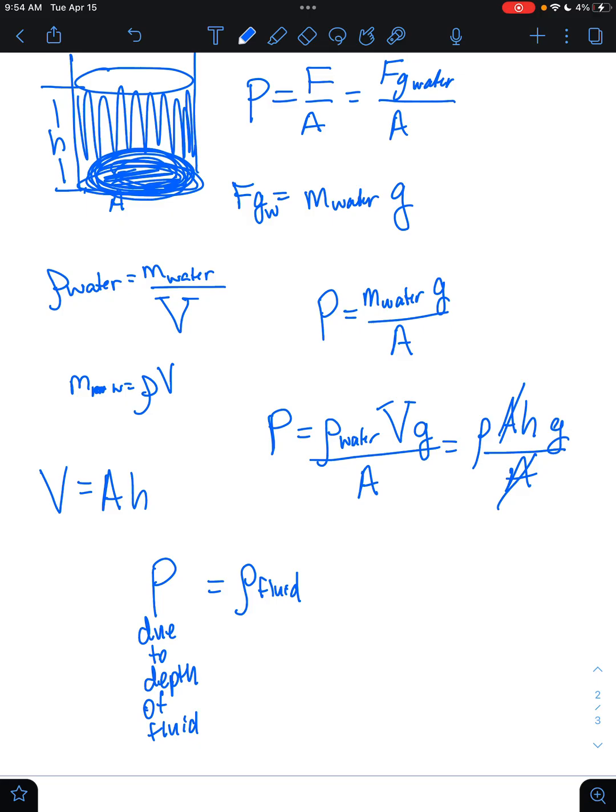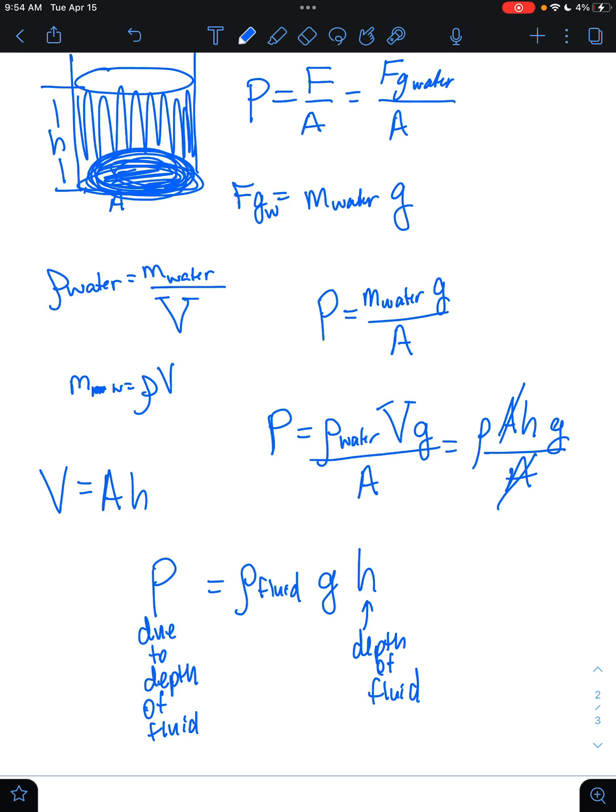So it's the density of the fluid times g times the height. And the height is really the depth of the fluid. So the deeper you go, the more pressure you feel, which is why when you go deep sea diving the pressure gets so high on you and your ears pop. When you change your depth, it changes the pressure that you feel due to the fluid you're in.